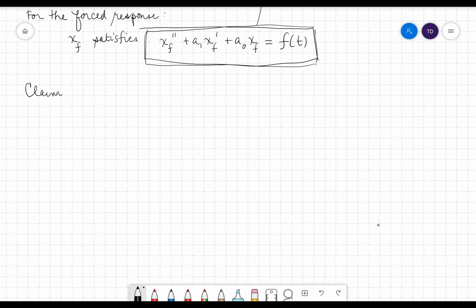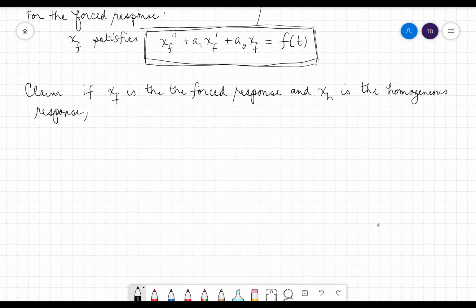So now my claim. I claim the following. If XF satisfies the equation up above, is the forced response, and XH is the homogeneous response, then, big then, X equals XF plus XH, doesn't matter what order I write those in, is also a response or a solution to the following differential equation.